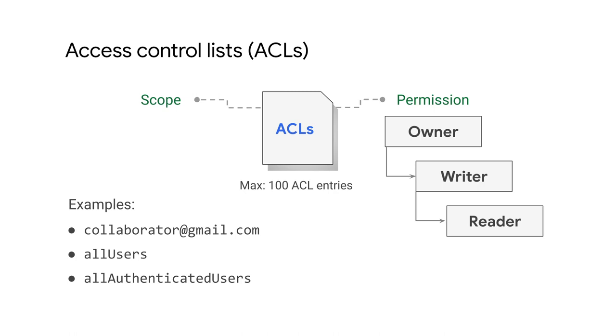The All Users identifier listed on this slide represents anyone who is on the internet, with or without a Google account. The All Authenticated Users identifier, in contrast, represents anyone who is authenticated with a Google account. For more information on ACLs, refer to the links of this video.